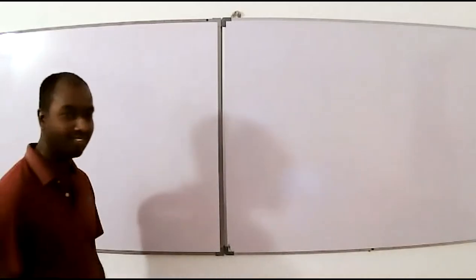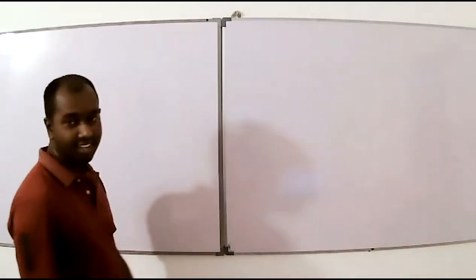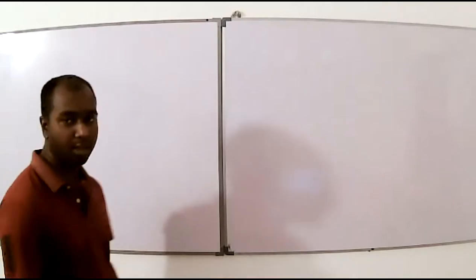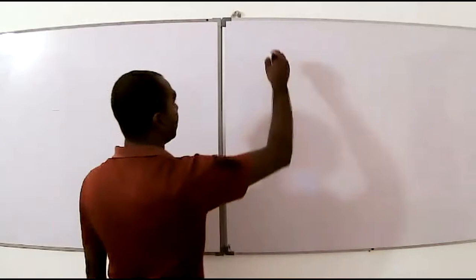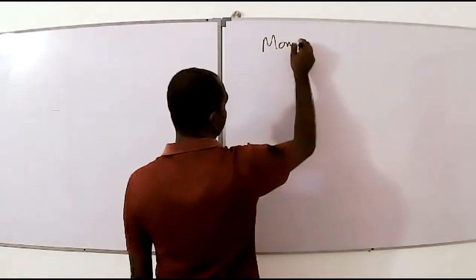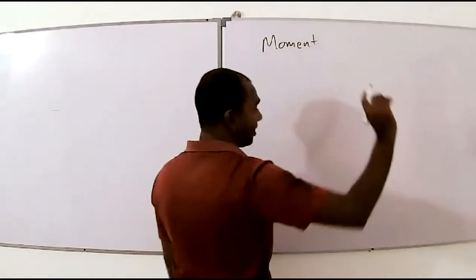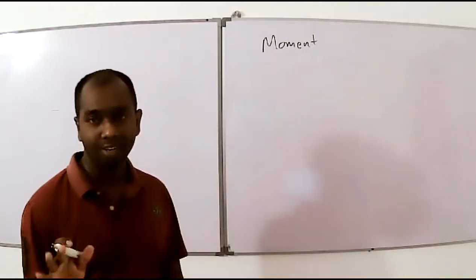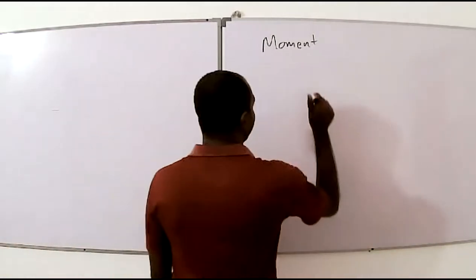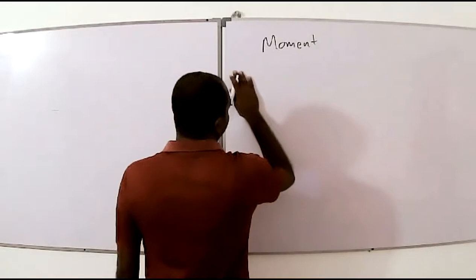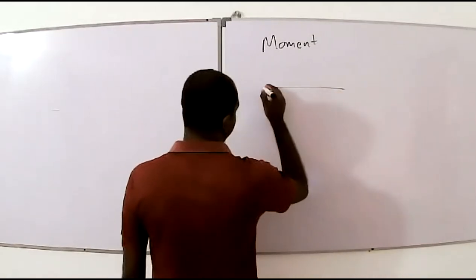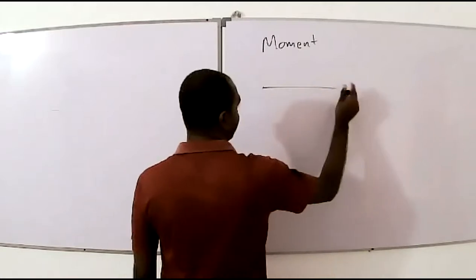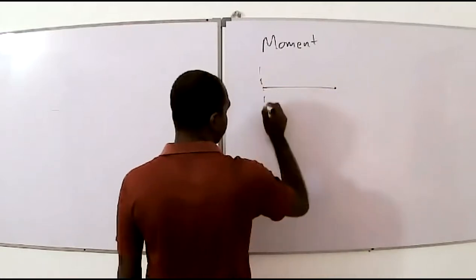Okay, let's do this. So what did we discuss last day? We talked about a new concept called what? Something like moments. I asked you not to confuse this with momentum. Momentum means mass times velocity. This is not that. How do we define the moment around a point? The rotational effect.